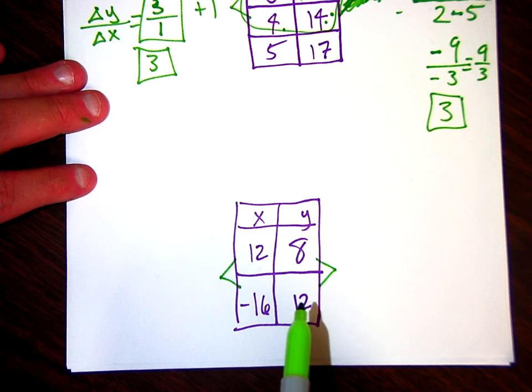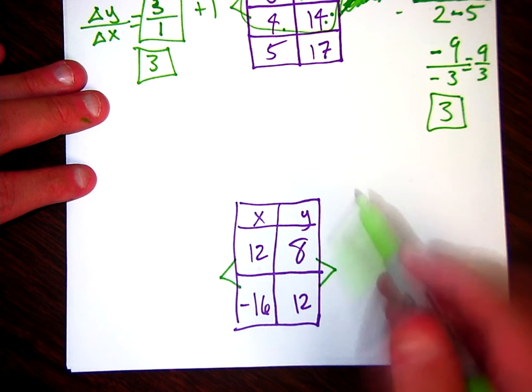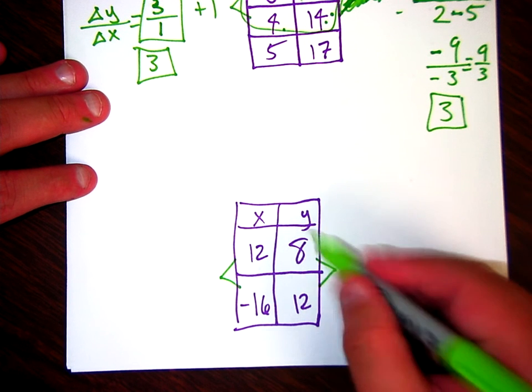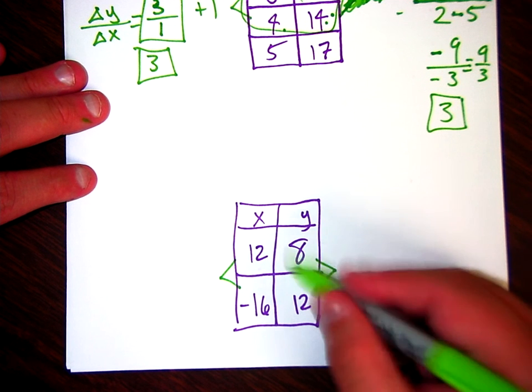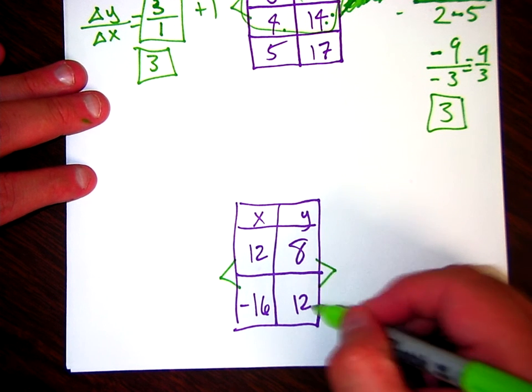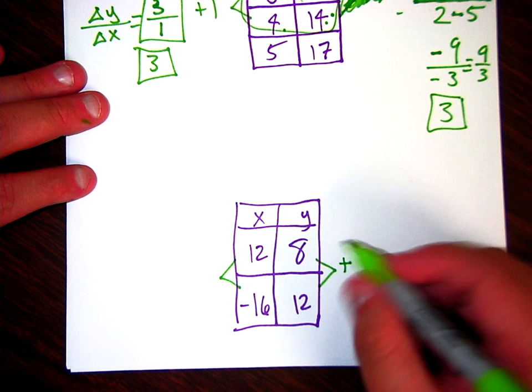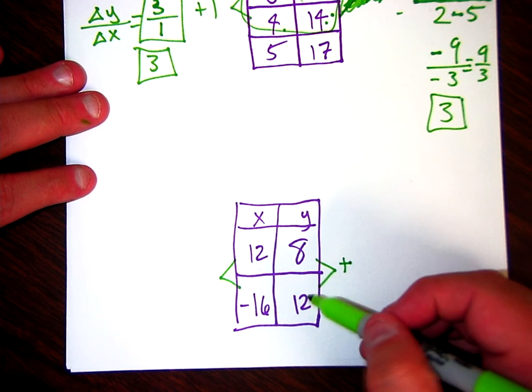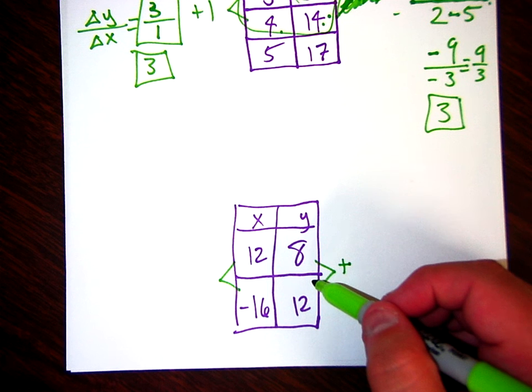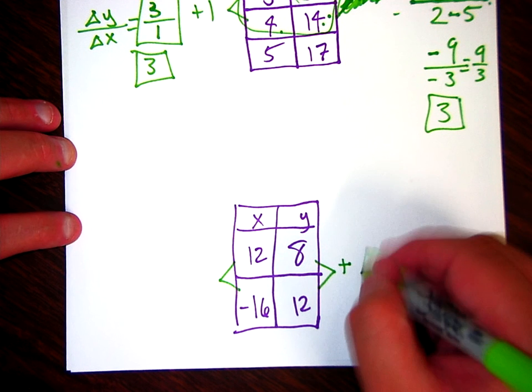Just watch your negatives. But down here, we're going to do a calculation. So what's the change in y as we go from 8 to 12? How do I get from 8 to 12? Well, you have to add what? Okay, it's a positive change. Okay, we're going to add 4.